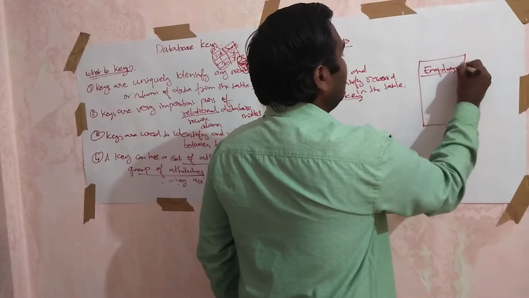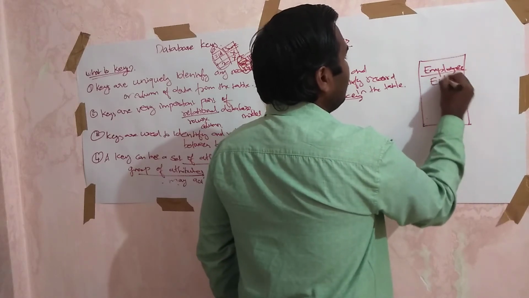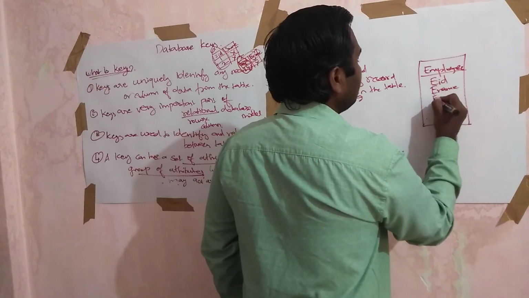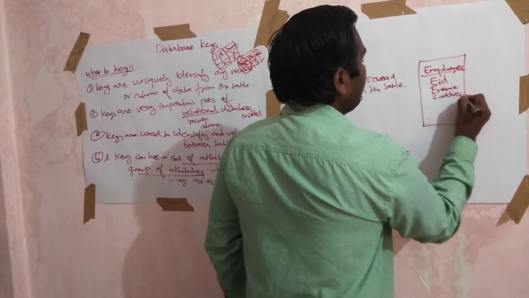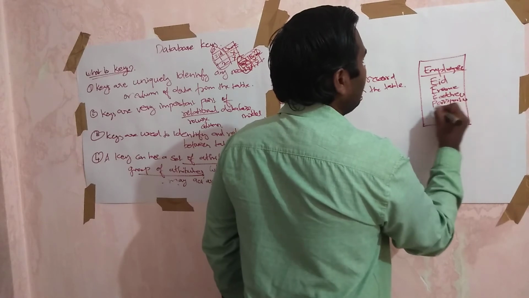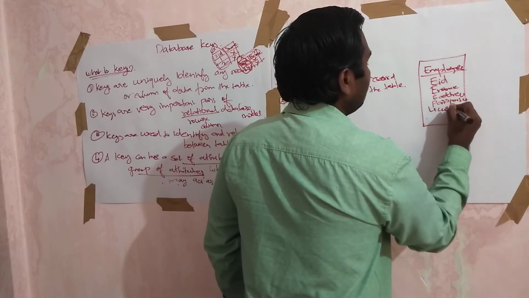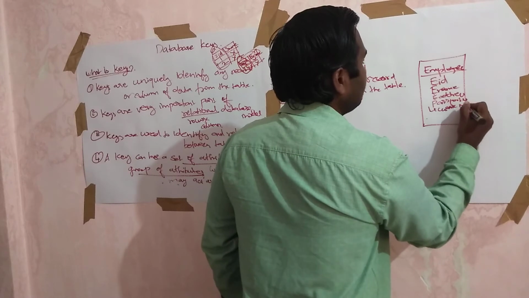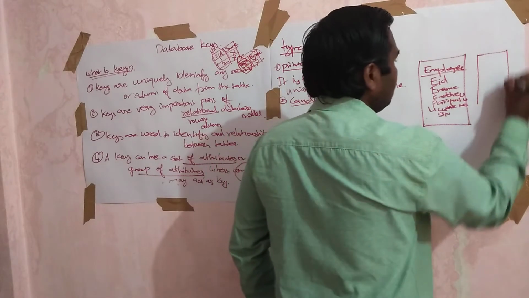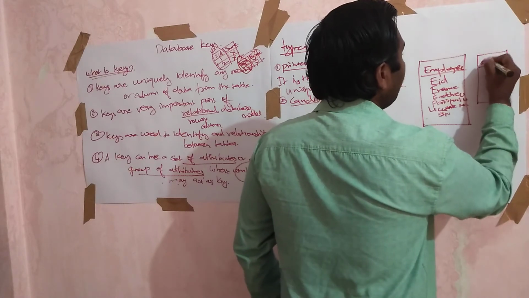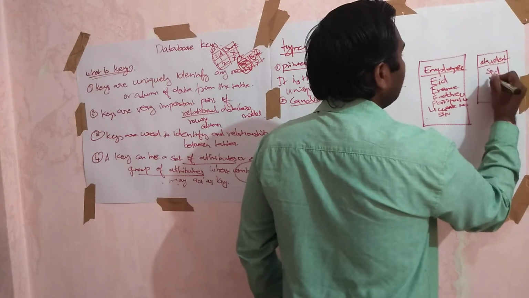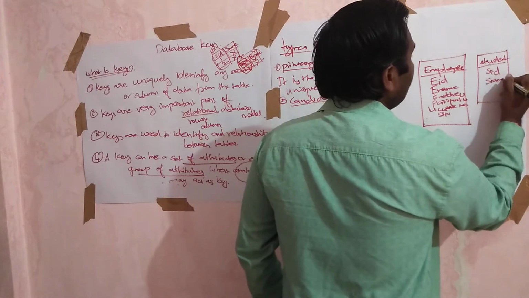I have employee ID, employee name, employee address, passport number, license number, SSN number. I have another table, the student table, with SID, student ID, and student name.